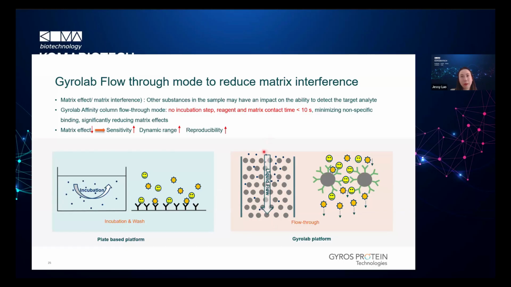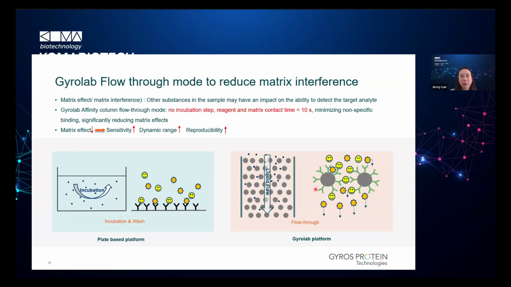The contact time is very limited, less than 10 seconds. That means in this short time, we can ensure all the things that we want to capture could be captured very quickly.